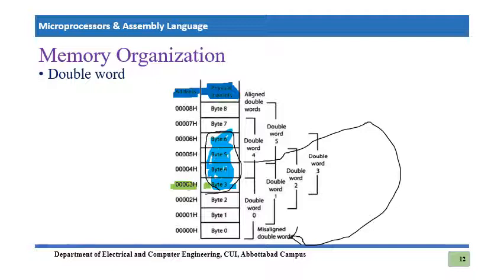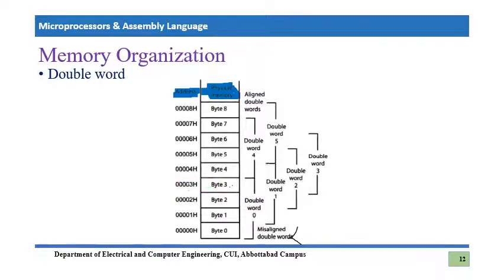Let's consider another example. Let's consider this double word, byte 1, byte 2 and byte 3. These are again 4 different locations. So which one of them is the least significant byte? It is byte number 1 because it is stored at 001. So is it aligned or misaligned?